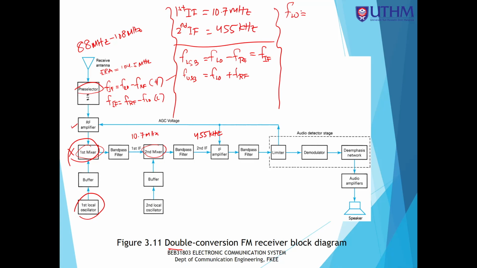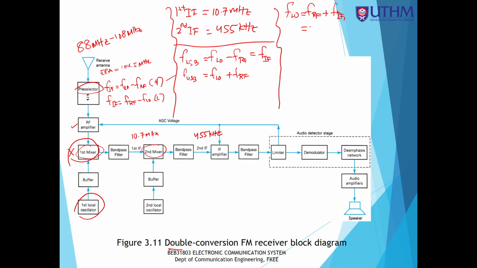FLO, if I use a high side injection, will be FRF plus FIF1. If I want to use a high side injection, that means my local oscillator must be higher than the input.